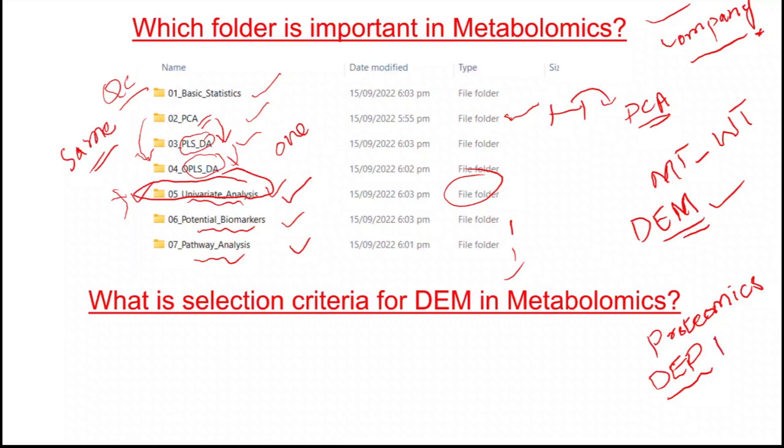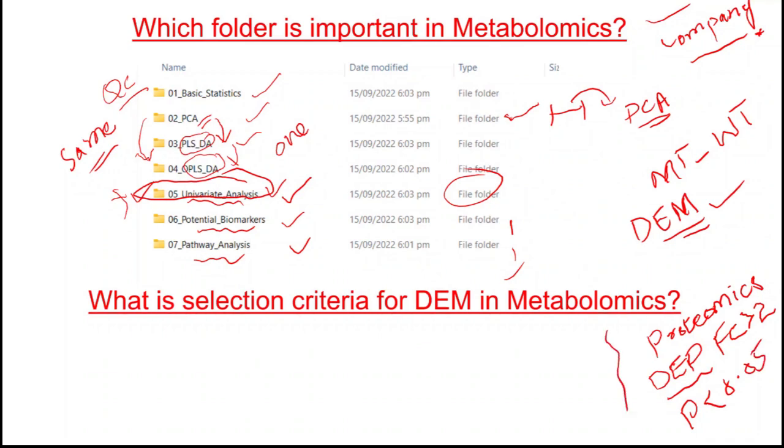One was the FC value: if the FC value of a differentially expressed protein was equal to or more than 2, and the p value is less than 0.05, then it would be your significantly differentially expressed protein.